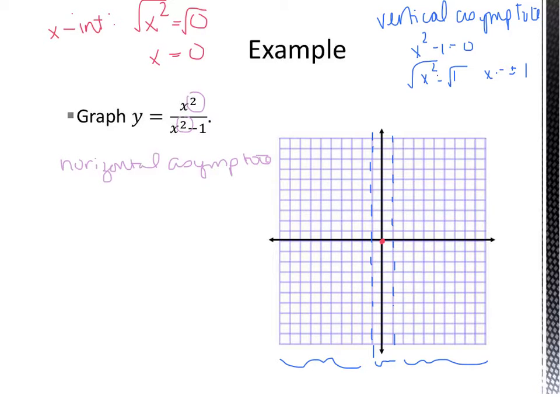So if you're looking at those bullets that you wrote down, it's the second one. If m equals n, then our horizontal asymptote is at y equals the leading coefficient of the top, which is 1, over the leading coefficient of the bottom, which is 1. So we have a horizontal asymptote at 1.